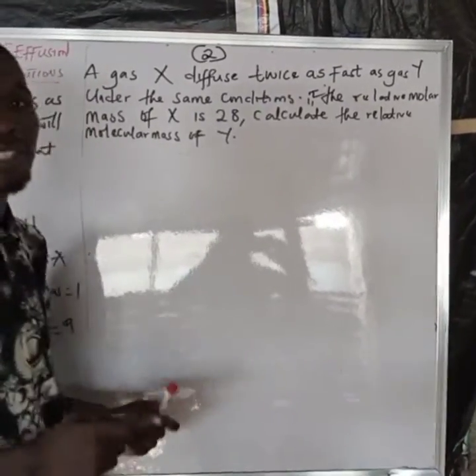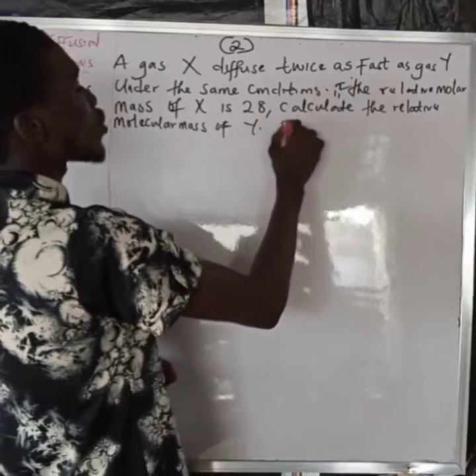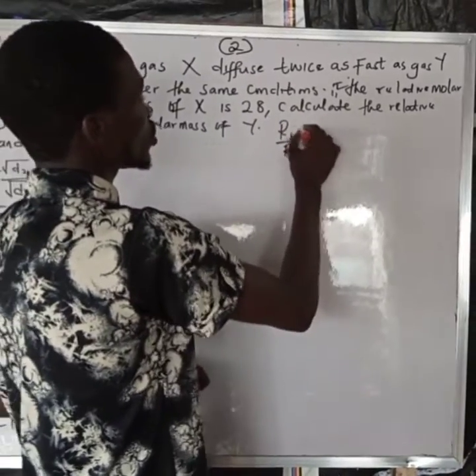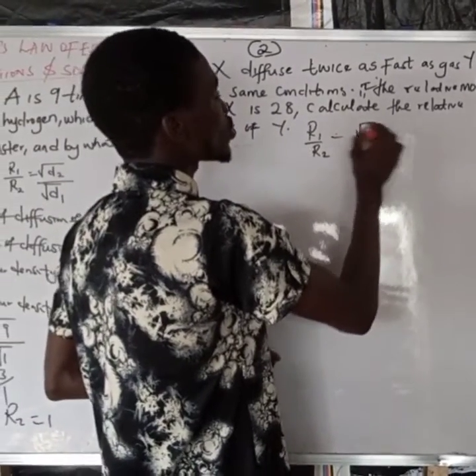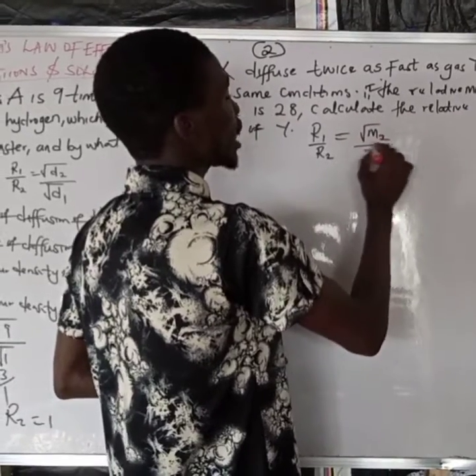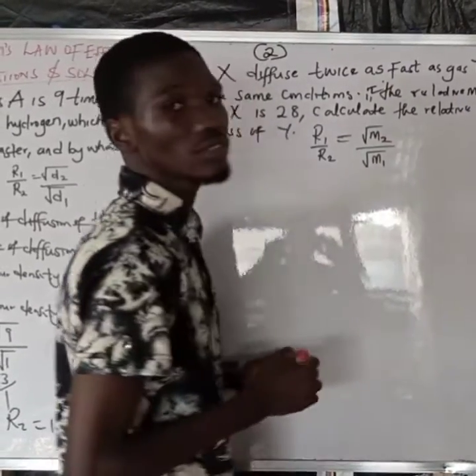The second formula which I gave last week is R1 over R2 is equal to the square root of M2 over the square root of M1.